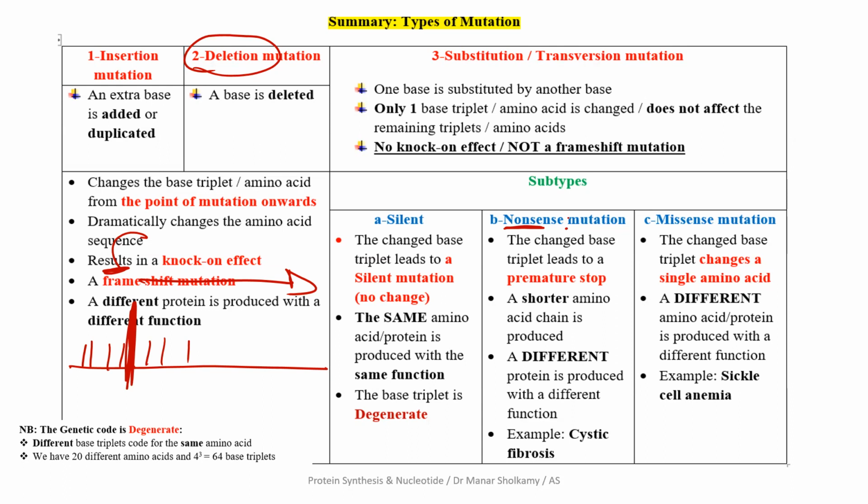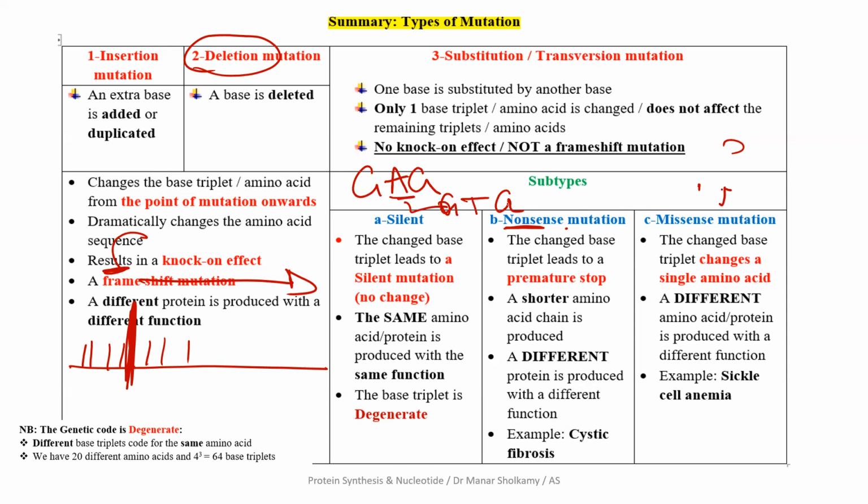Clear? Okay? And you have a particular example that you need to study, which is sickle cell anemia. We have the GAG original triplet. The A will be substituted by thymine. It will be GTG. The original amino acid was what?